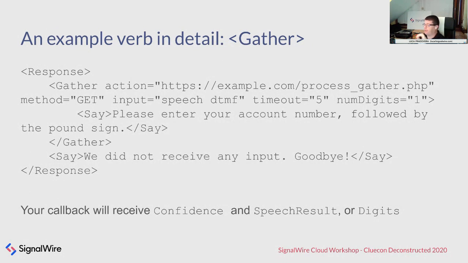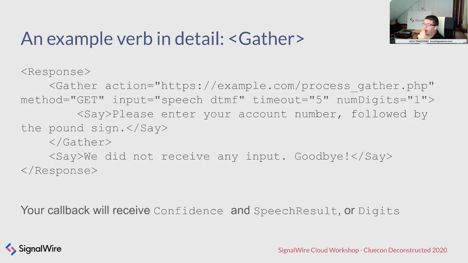And we'd ask them to enter... I think the message and the parameters are at odds here, but bear with me. Let's look at the parameters, which are more important. So when the user actually presses 1 digit, there's a numDigits=1 at the end of the tag, and they're inputting either speech or DTMF.